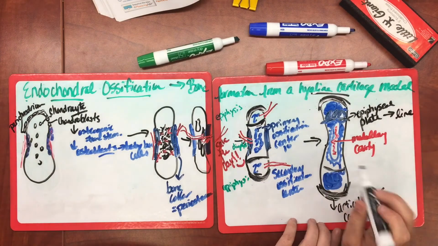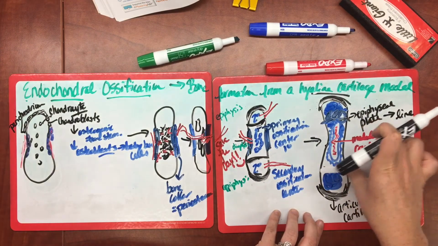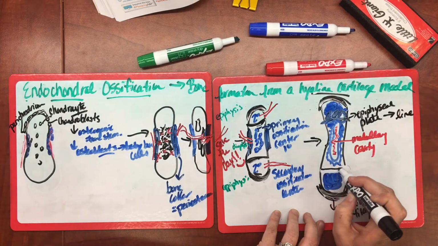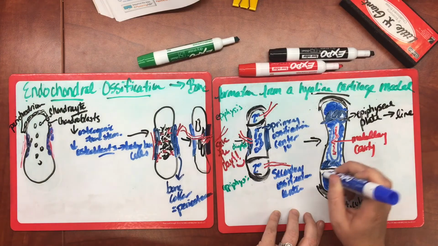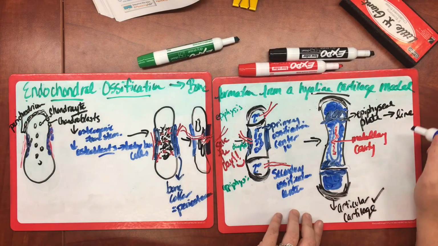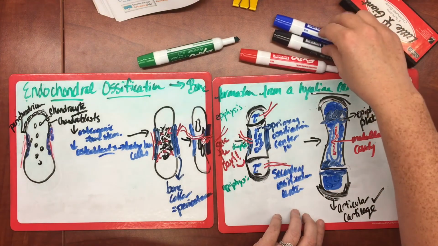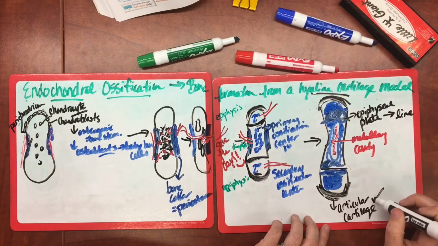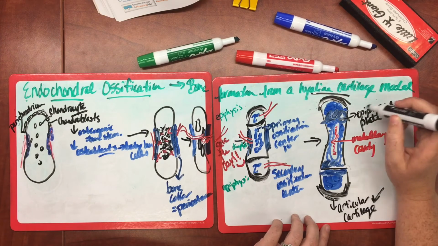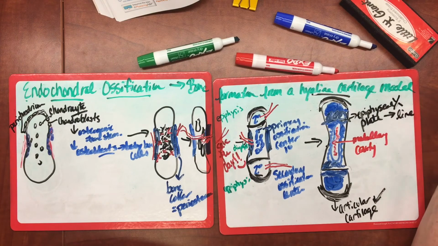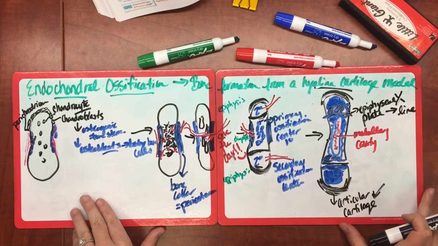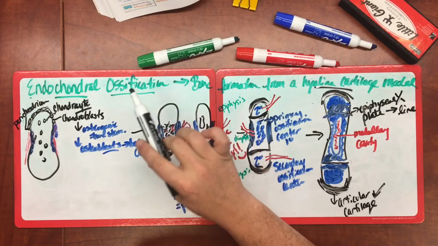This is a little line where it's been completely calcified on either side that you can actually end up seeing on x-rays. So the articular cartilage stays behind forever, but the cartilage in the epiphyseal plate does not. So I think that's pretty much the basics of endochondral ossification.